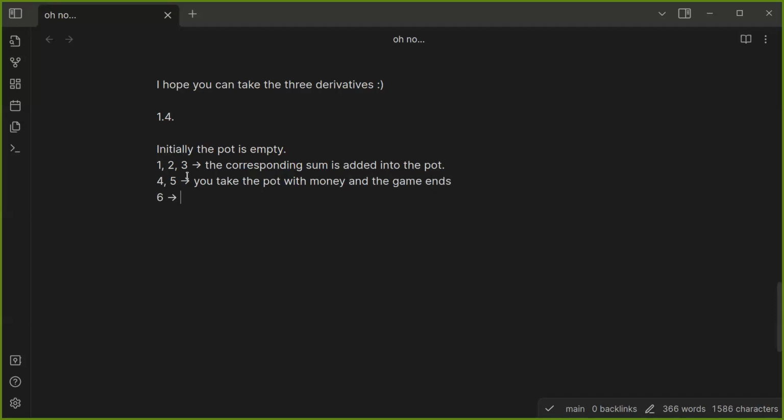If the dice shows 6, you're unhappy because you lose the game, and you get nothing, and the game ends.